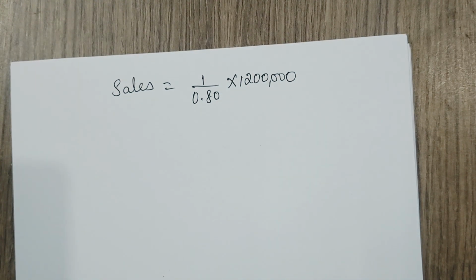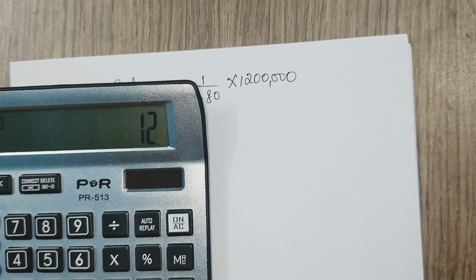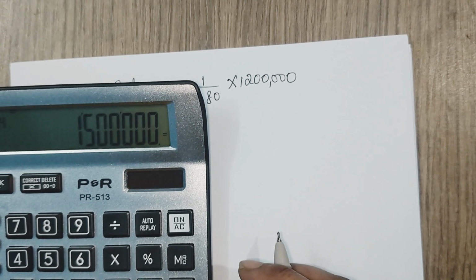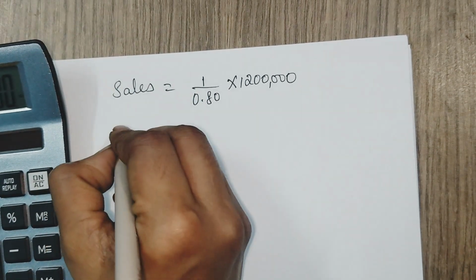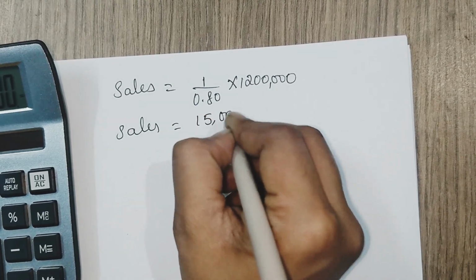Let us calculate this. 1 divided by 0.80 into 12 lakh. 15 lakh is the sale. Sales is 15 lakh.